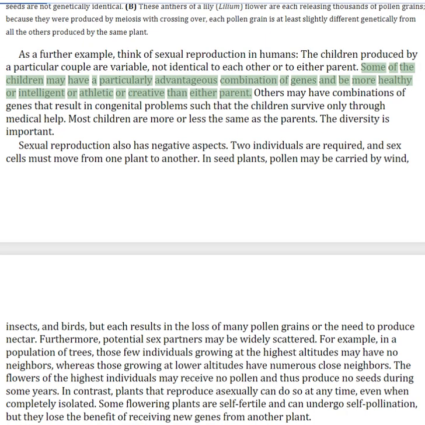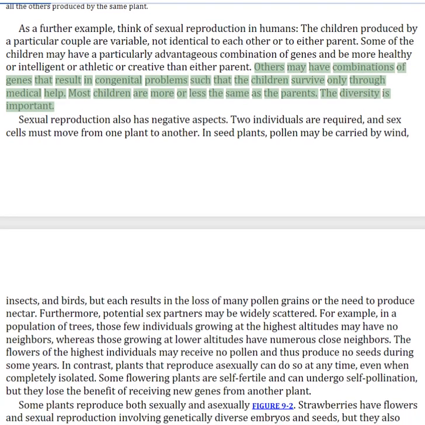Some of the children may have a particularly advantageous combination of genes and be more healthy or intelligent or athletic or creative than either parent. Others may have combinations of genes that result in congenital problems such that the children survive only through medical help. Most children are more or less the same as the parents.